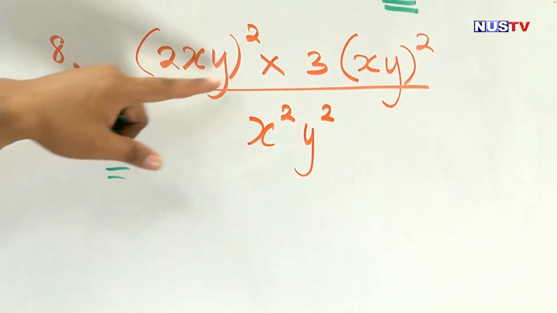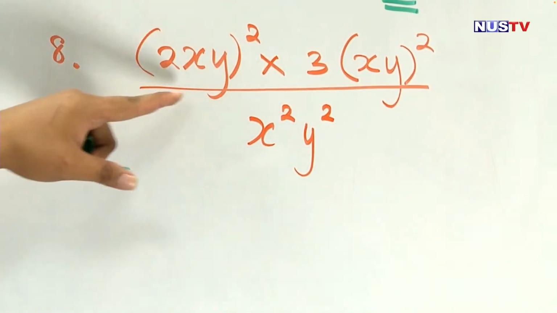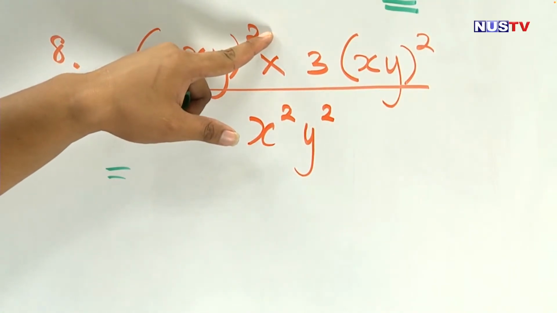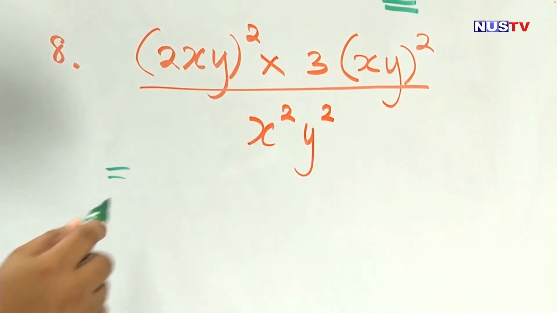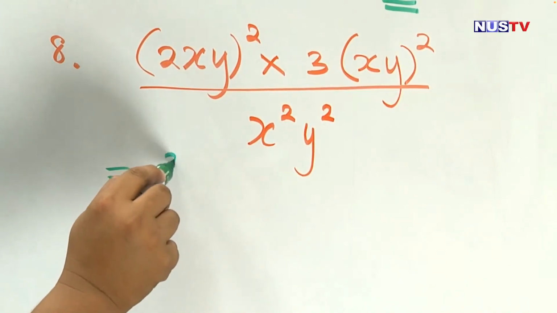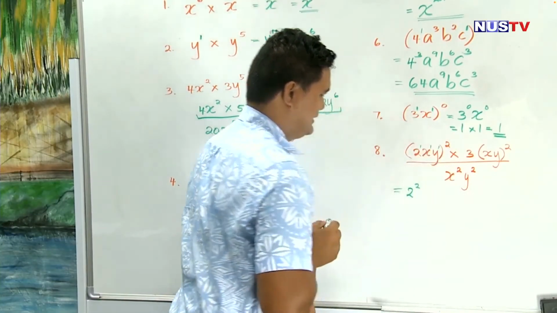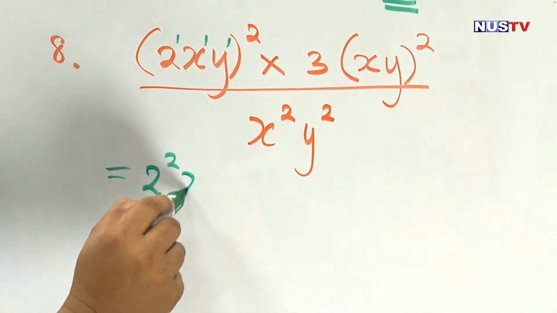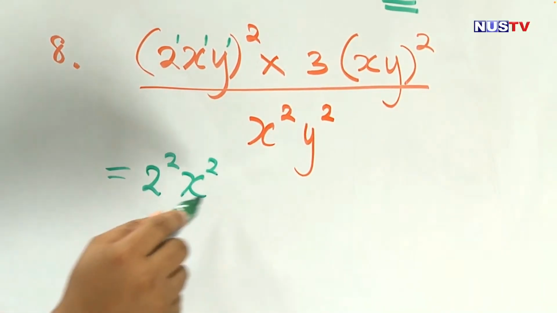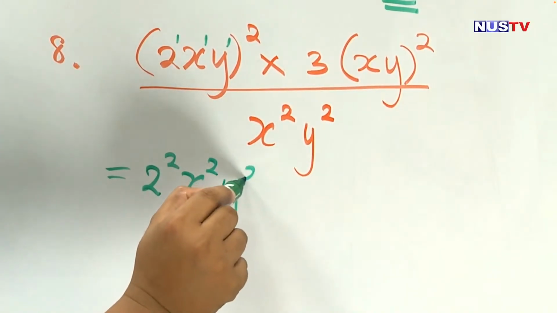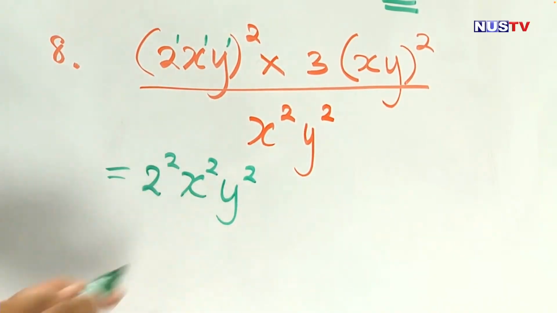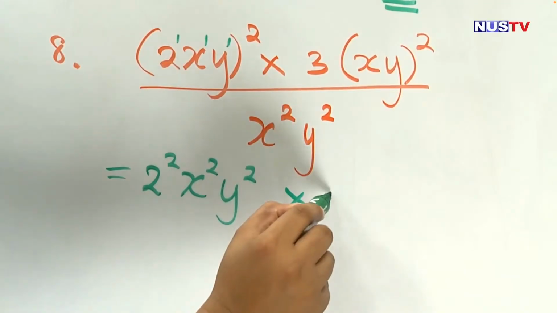So again, applying the law, we multiply this power of 2 inside. So we have 2 to the power of 2. Remember, this is to the power of 1, 1, 1. So x to the power of 2 and y to the power of 2. Now the next one, we are multiplying by 3.